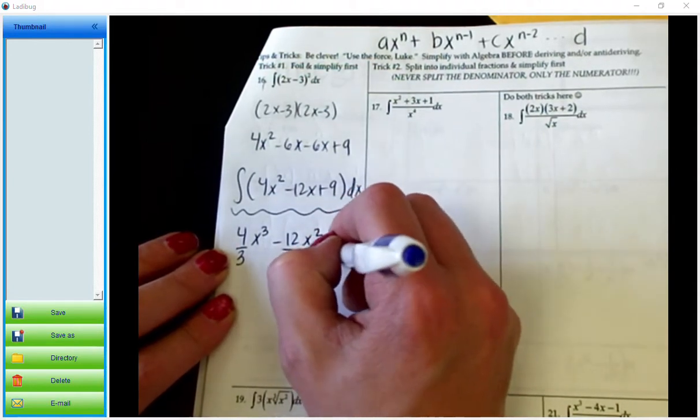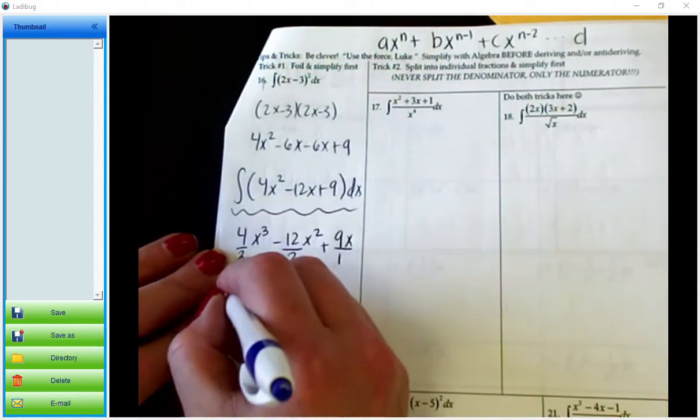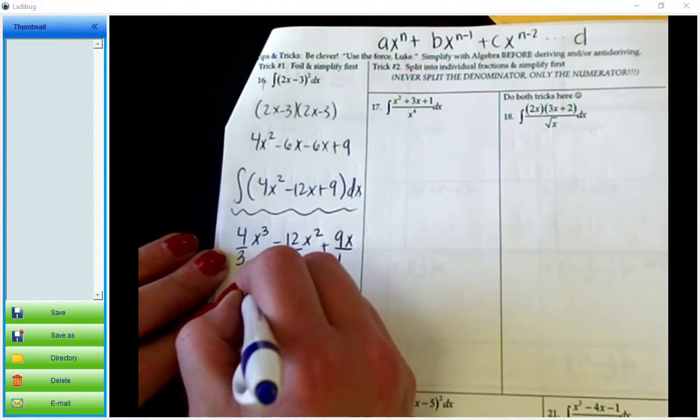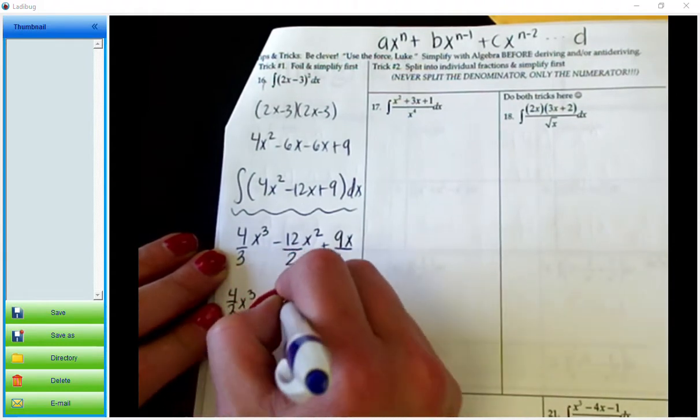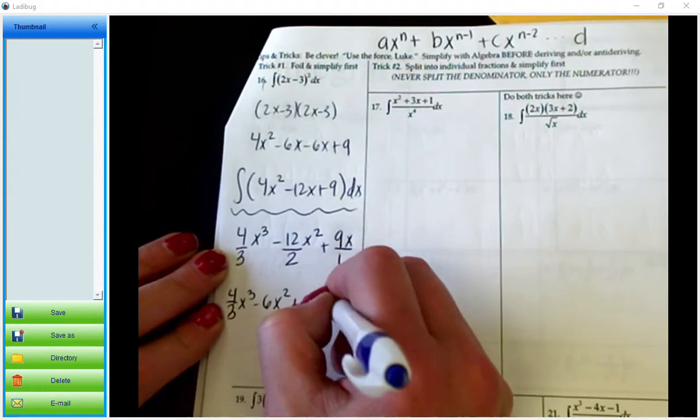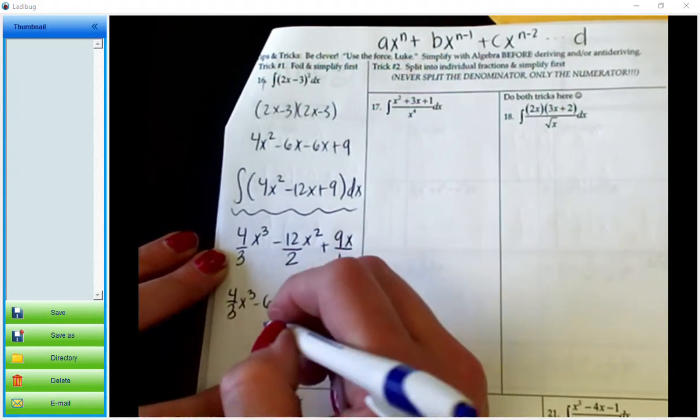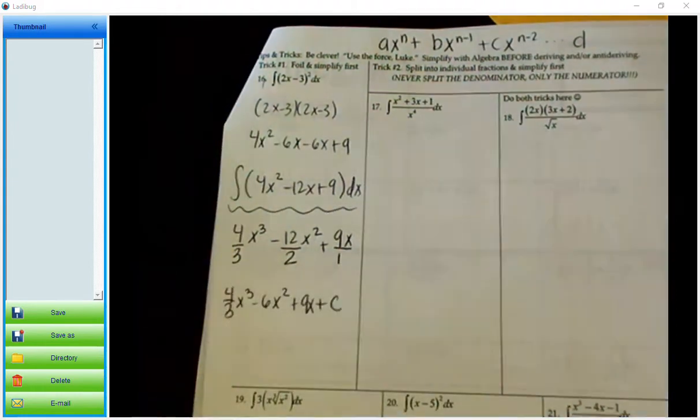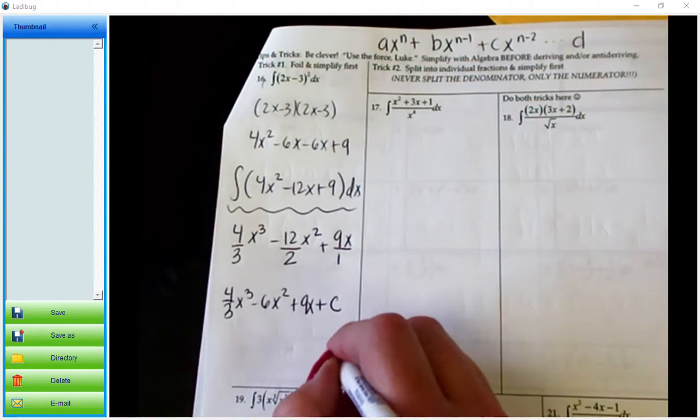Add the degree and divide. Plus 9x plus C. Okay, and I scan and I look. Or K, C or K. 9999. Yep, thank you. B.